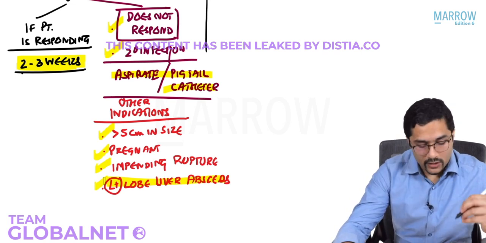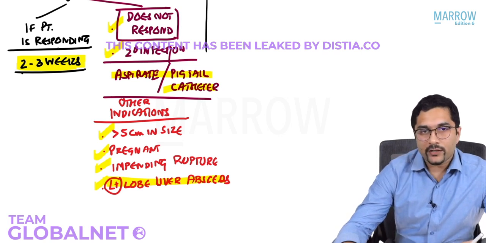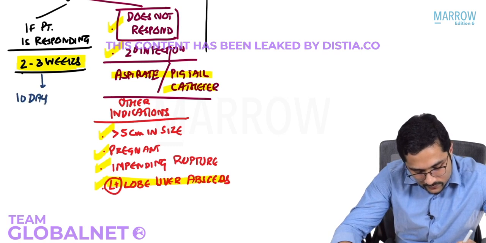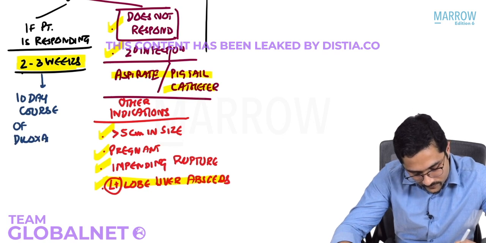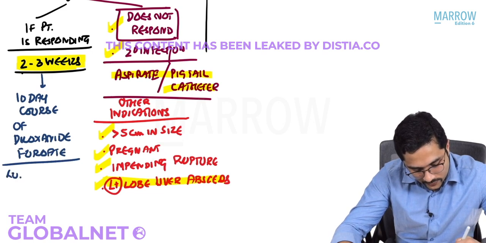A couple of other points which I want you to know. If the patient has responded to metronidazole after 2 to 3 weeks, then we give a 10-day course of diloxanide furoate, which is a luminal amebicide.